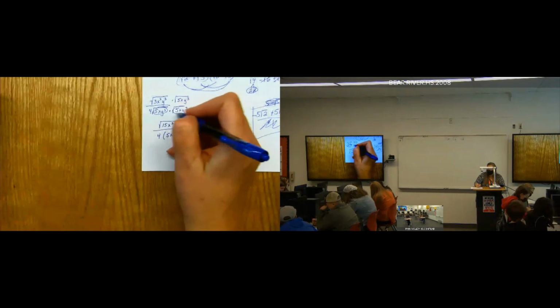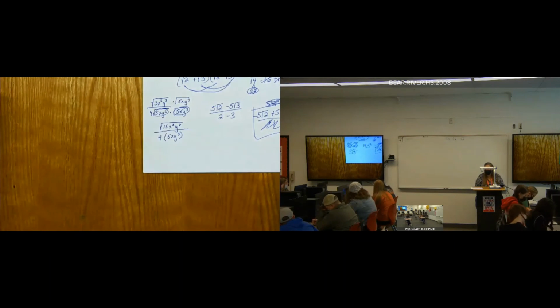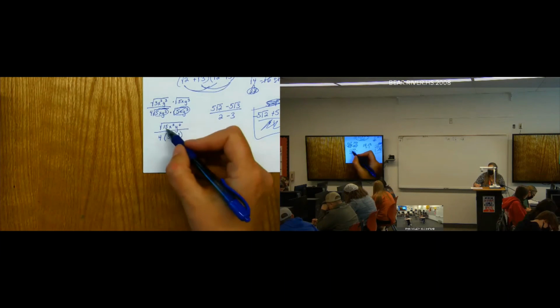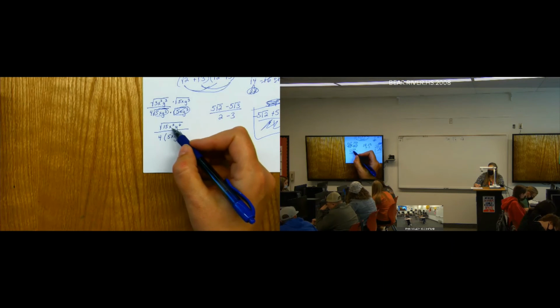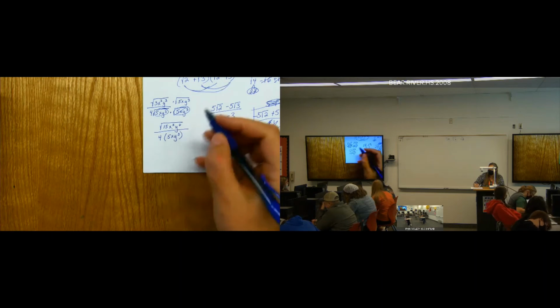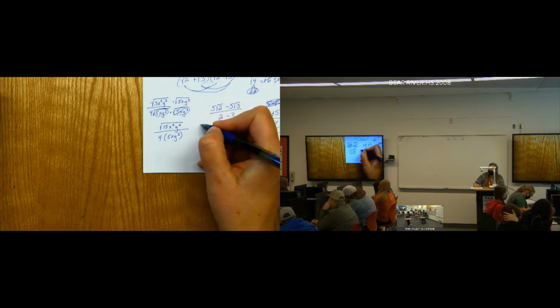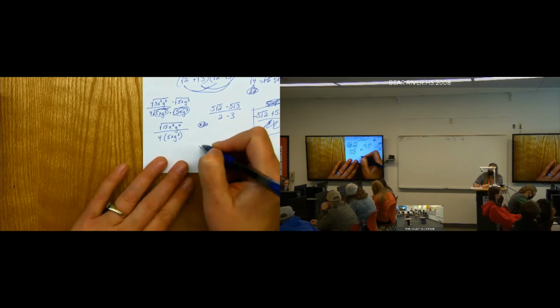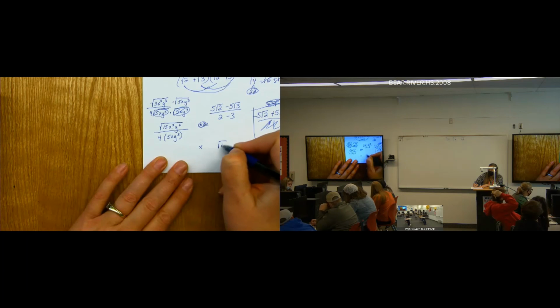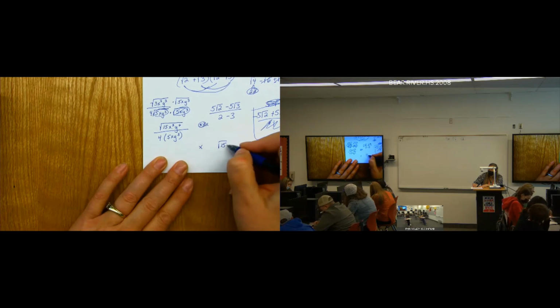I had 2, so 1 canceled, 1 came out. Can I reduce 15? No. Can I reduce x cubed? How many x's do I have? You have 3. I need 2 to bring it out, so 1 will come out. So I have a 15 on the inside, 1 x on the outside, 1 x on the inside.